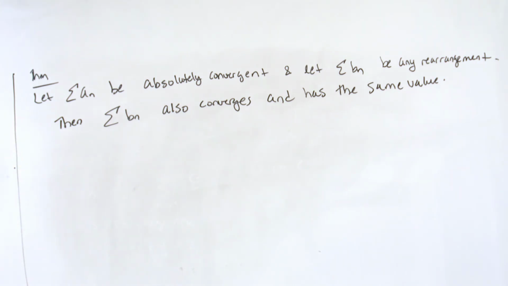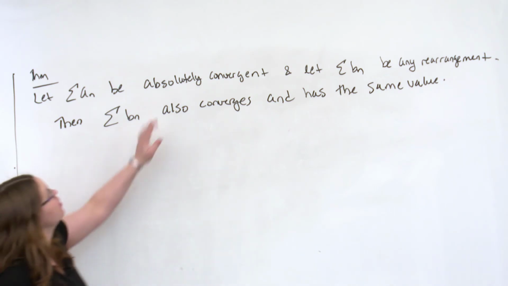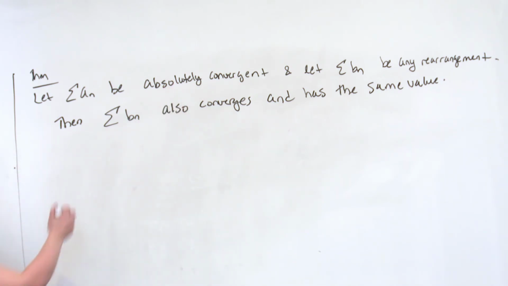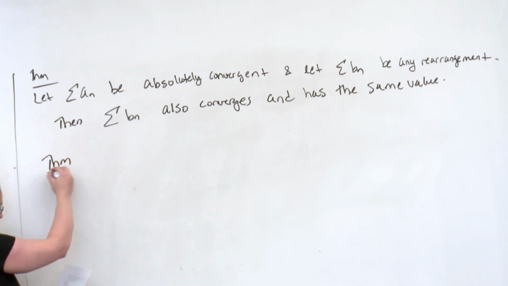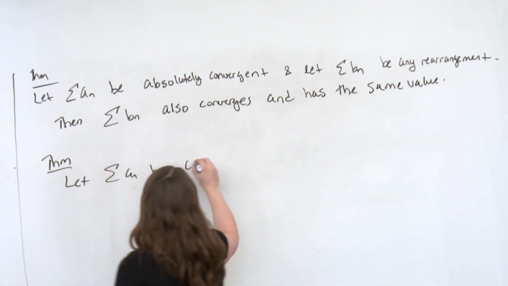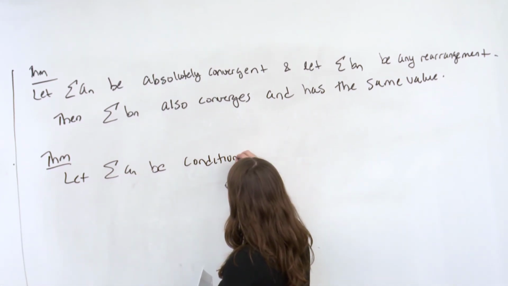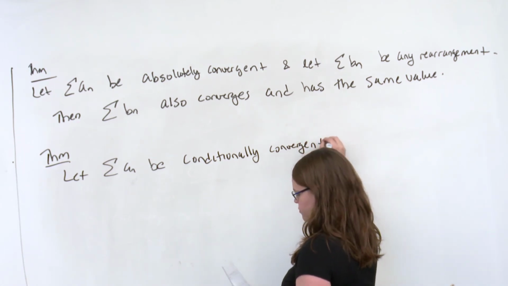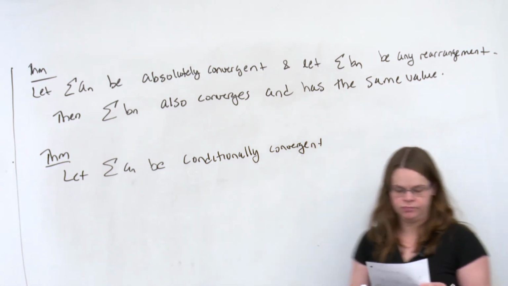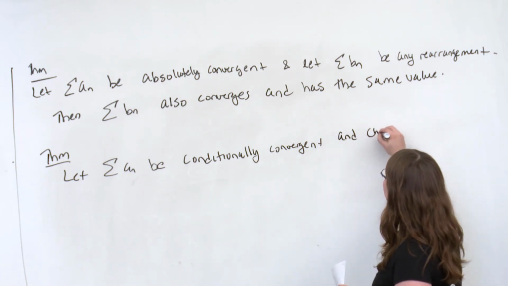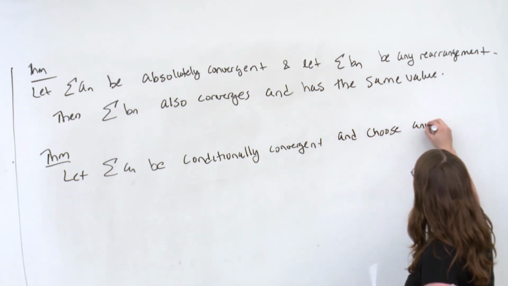Now, when we did this example, the alternating harmonic series, that doesn't fit in here, because the alternating harmonic series converges conditionally and doesn't converge absolutely. So this is part 2. Let our series be conditionally convergent, and choose any real number R that you like.